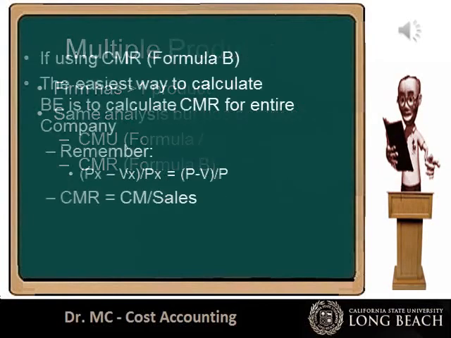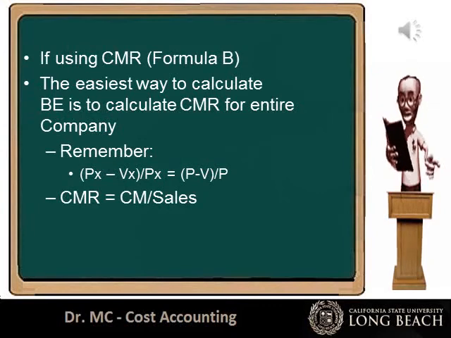For example, assume that you need to use formula B for a firm that has two products. In that case, you need to use a contribution margin ratio that reflects both of your products. The easiest way to do this is to calculate the contribution margin ratio for the company as a whole.